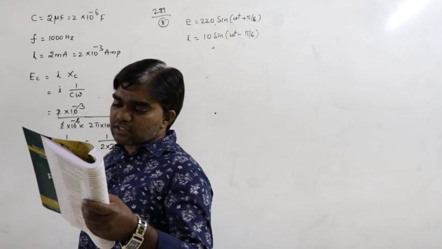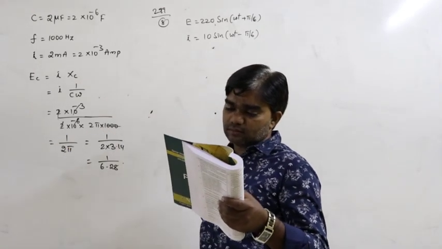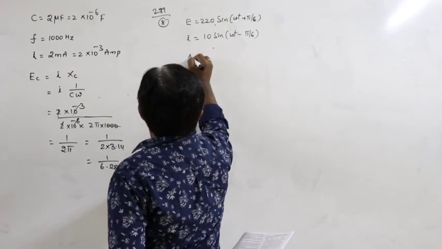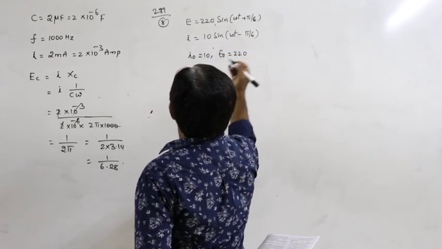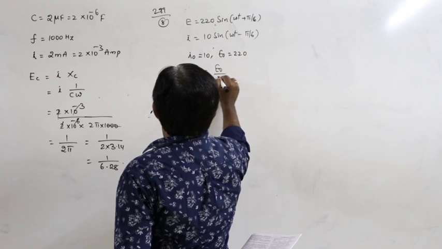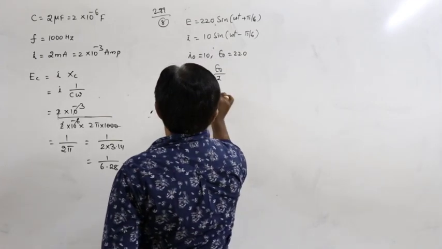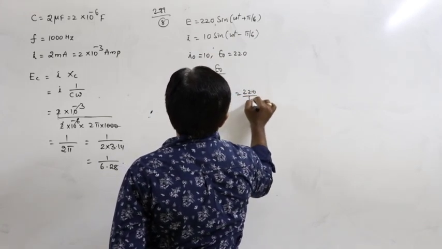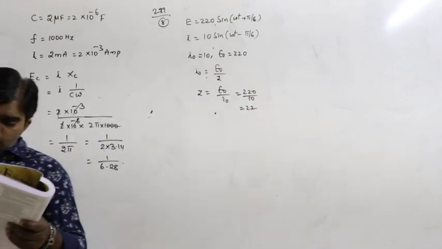Then the impedance of the circuit is, here I naught is equal to 10 and E naught is equal to 220. We know I naught can be written as E naught by Z, where Z is the impedance. Z can be written as E naught by I naught, that is 220 by 10, that is 22. Simple. 22 ohms.